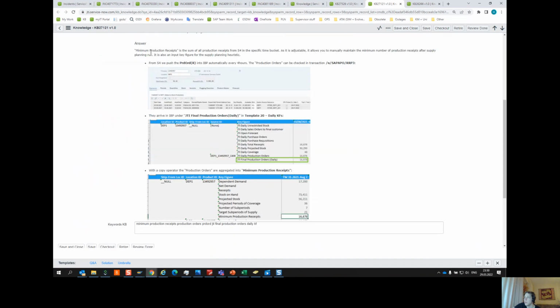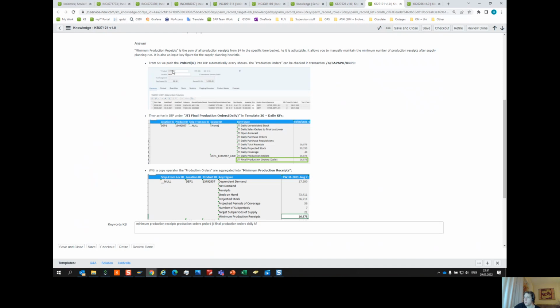So let's see. Minimum production receipts is the sum of all production receipts from S4 in the specific time bucket. Okay. It is also an input key figure for the supply planning heuristic. Okay, so probably that's indeed quite an important key figure.